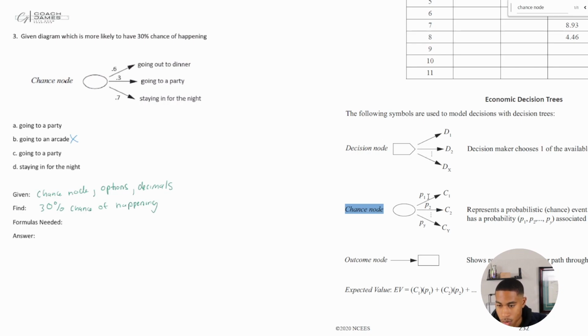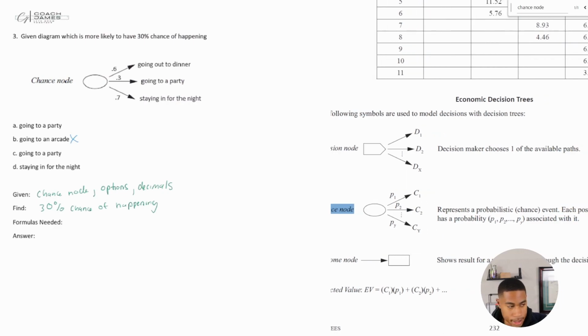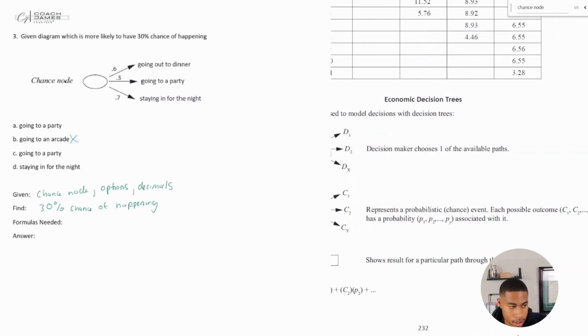All right, it shows P1, C1. So what do those things mean? Well, we're going to come over and read. A big piece of this is reading. So this represents a probabilistic chance of an event. Okay, that makes sense. Each possible outcome, C1.